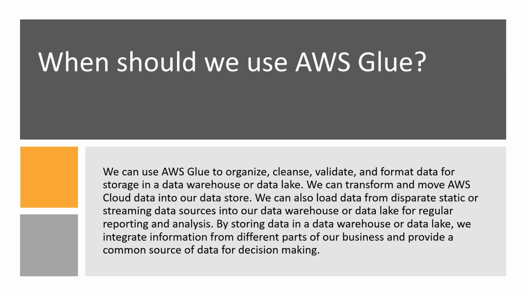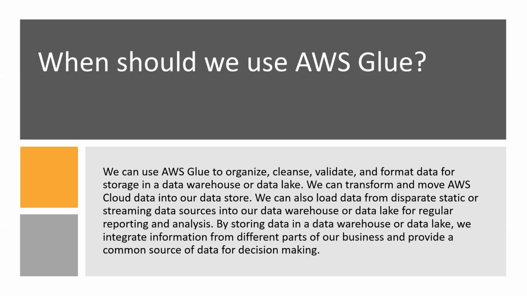AWS Glue generates ETL scripts to transform, flatten, and enrich our data from source to target. It detects schema changes and adapts based on our preferences. We can change the mapping if we want.